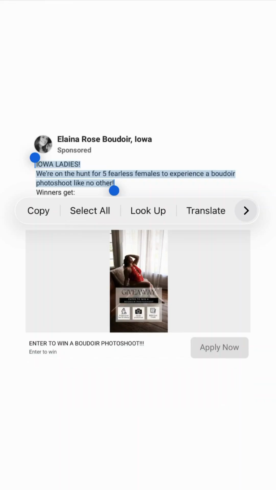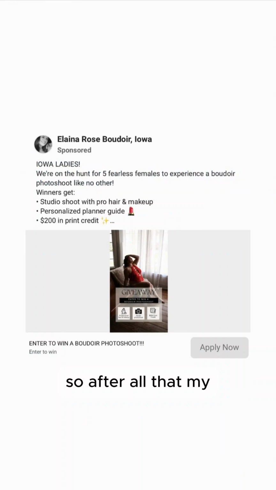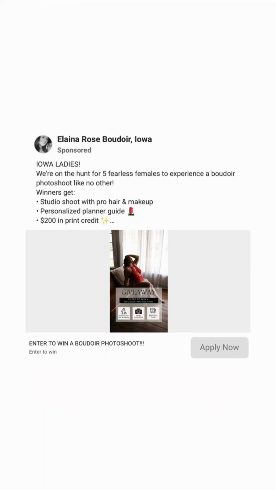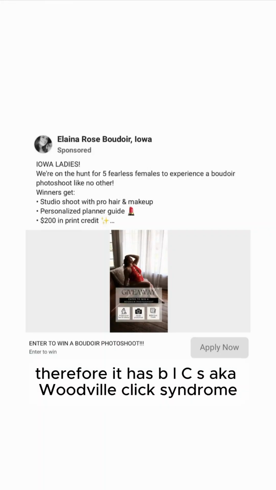So after all that, my diagnosis is I believe this Boudoir Facebook ad has a unique CTR under 6%. Therefore, it has BLCS, aka Boudoir low click syndrome.